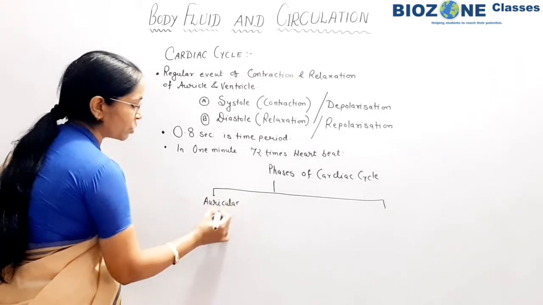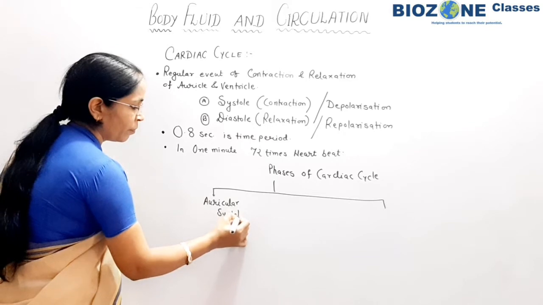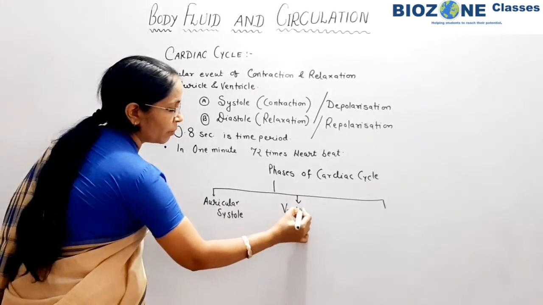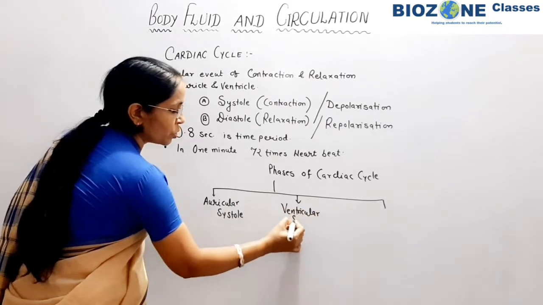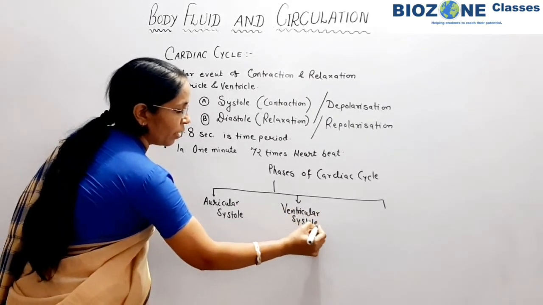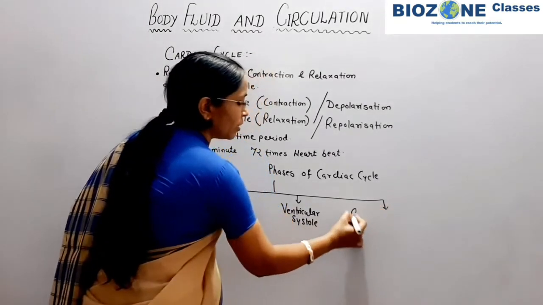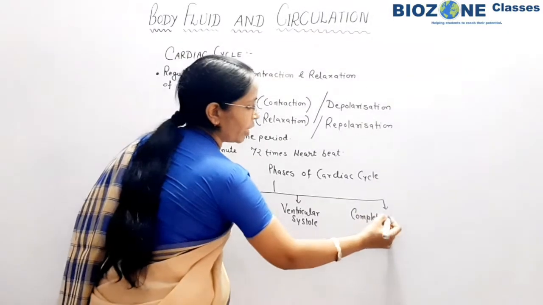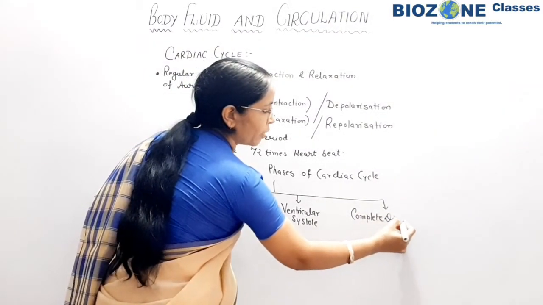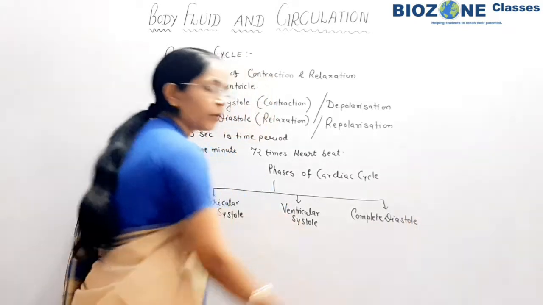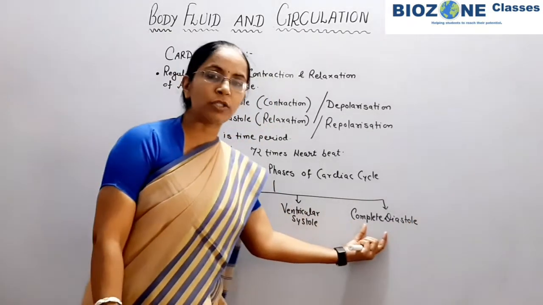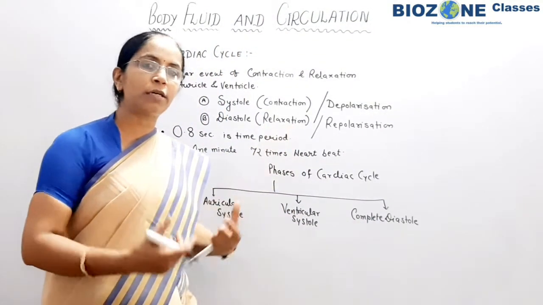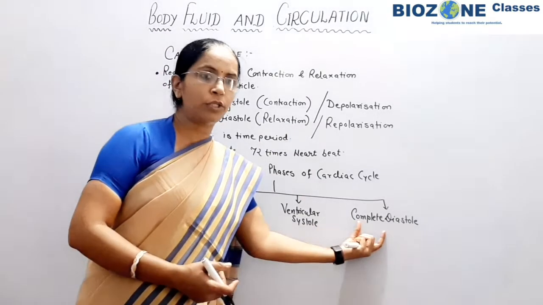The second phase is ventricular systole, and the third phase is diastole, that is complete diastole. We use this term for the phase. Complete diastole means auricle and ventricle both are in diastolic condition. Diastole means both the auricle and ventricle get relaxed, or they come to their original position.